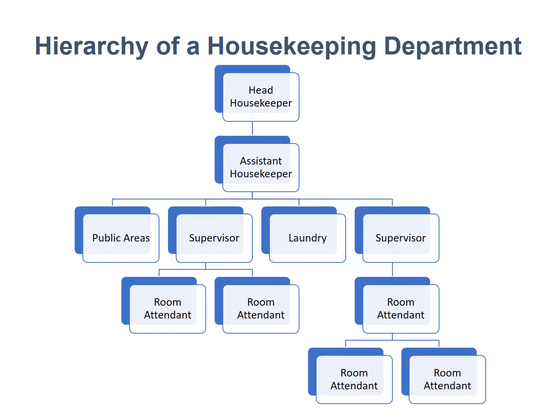The housekeeping manager, in a medium to large type hotel, would have an assistant housekeeper, and the assistant housekeeper would have various other people reporting to them, including public areas, laundry, and supervisors that deal with the room attendants for that hotel. And then you have the supervisor and room attendants.